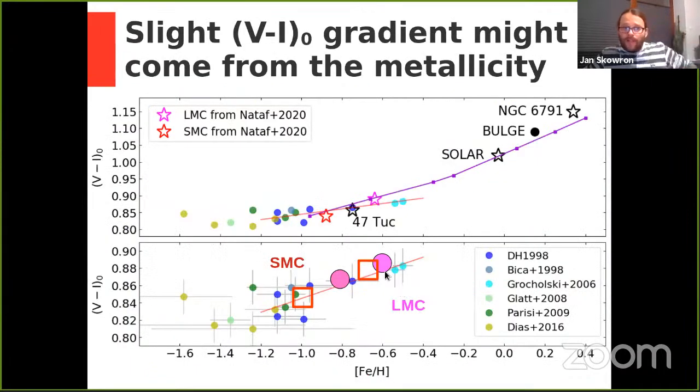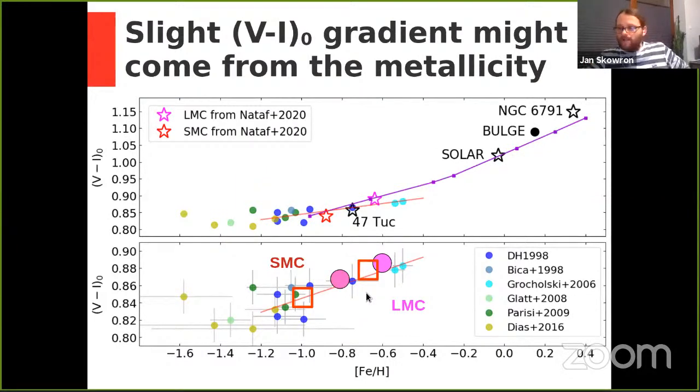And when we put our measurement of the center of the LMC and the edges of the LMC, and the center of the SMC and the edges of the SMC, they are very much consistent with all the red clump stars in clusters we see.